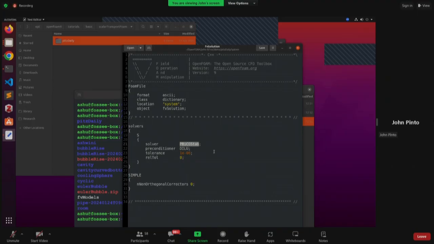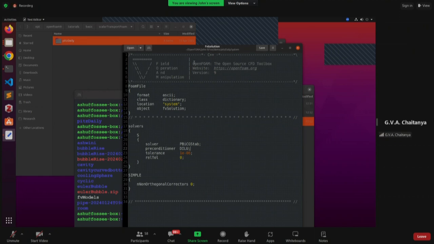Then it will give you the list of solvers that are available. You can explore each of them and then see which one will suit your application. Okay. So this solver is exactly what, like a simple form like that? No. These are the linear solvers. They determine how your matrices will be solved. Okay, but for Gauss linear, something is already written, right?